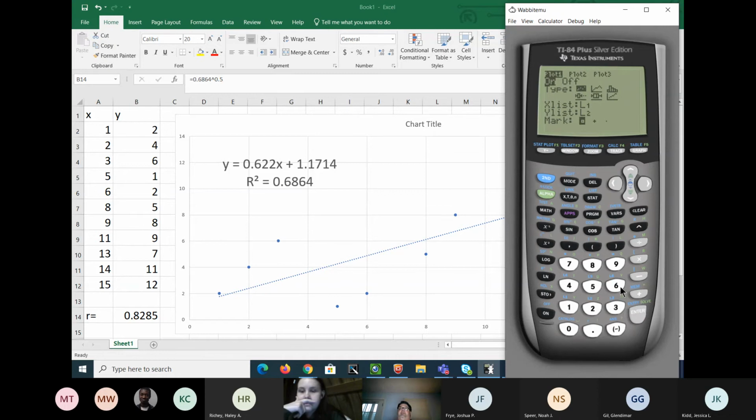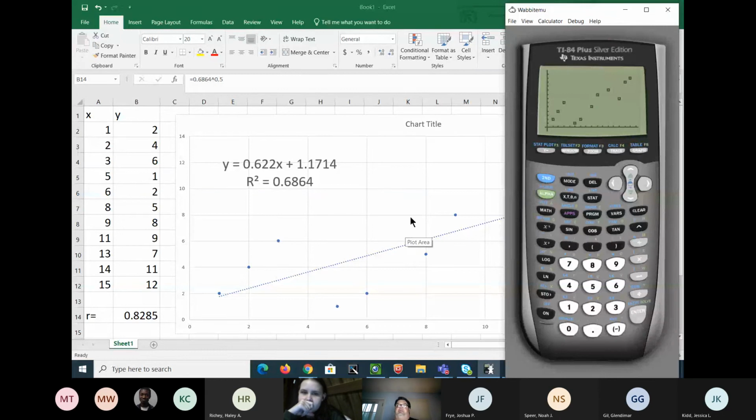I'm going to make sure I'm at the scatter plot, and that this says L1 and L2, and then I hit graph. And there it is. If you don't see it, you hit zoom and 9. 9 is for stat, which means statistics. I just hit 9, but you can scroll down and hit it. And there's your points, just like right here.